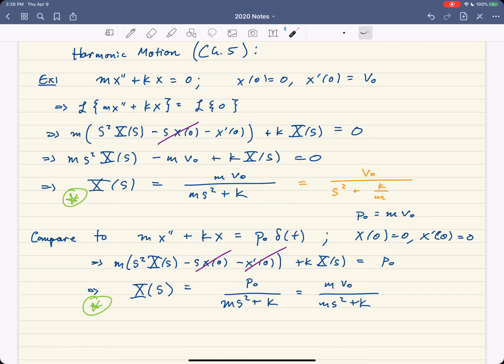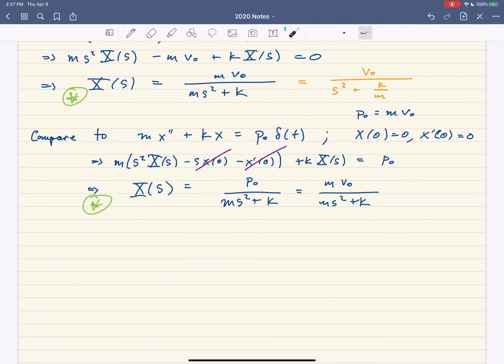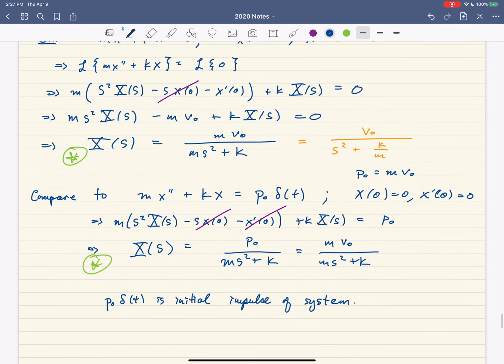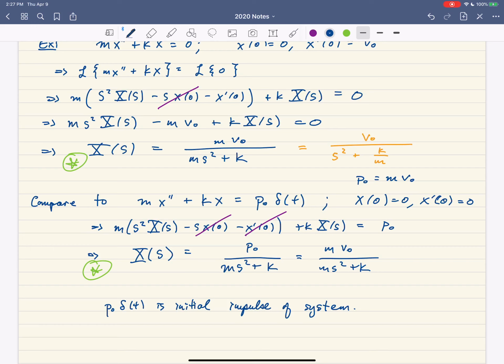So in a certain sense, this P naught times delta of t can be referred to as our initial impulse of the system, meaning we give it a push right at the beginning. That's a physical way for this Dirac Delta function to be interpreted. This is often how it's used when you're studying a system and you want to talk about this initial push or initial impulse.